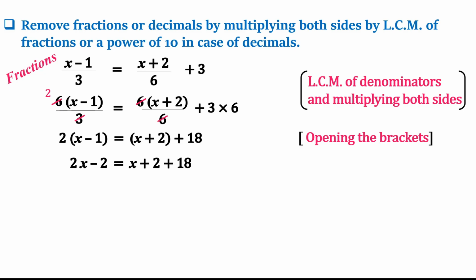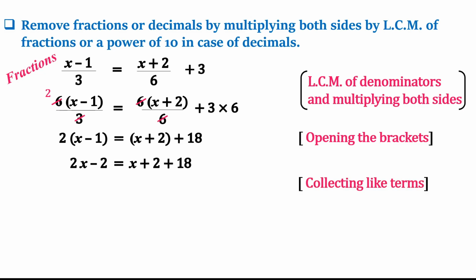So minus 2, if it goes to the other side, it will get added. It will be written as plus 2. And this x which is on the right hand side, I want to bring it to the left hand side. Its sign I have to change. Plus x will become minus x. So see how we have written.